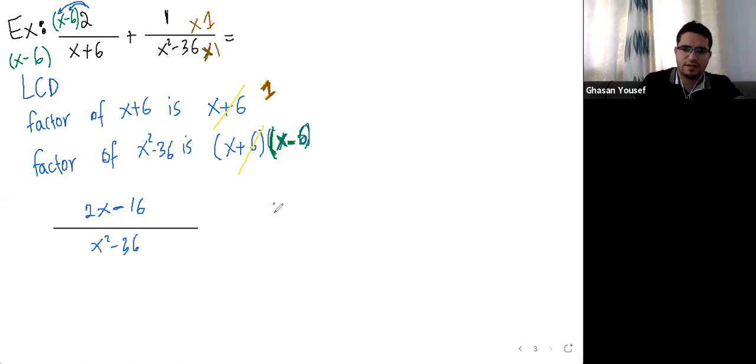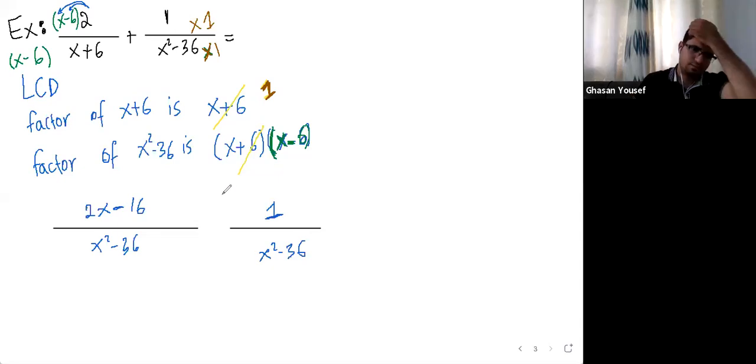And for the second fraction, it gives me 1 over, because anything times 1 gives me the same thing, over x squared minus 36. So both of the denominators are equal. Look at both of the denominators: x plus 6 times x minus 6 is x squared minus 36, and the other one is x squared minus 36.